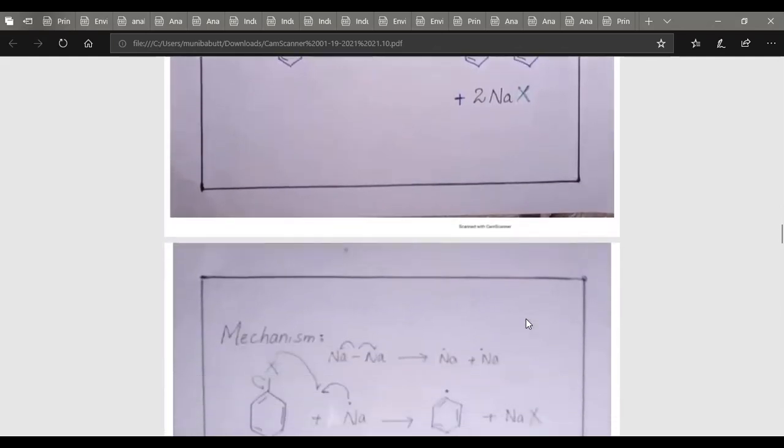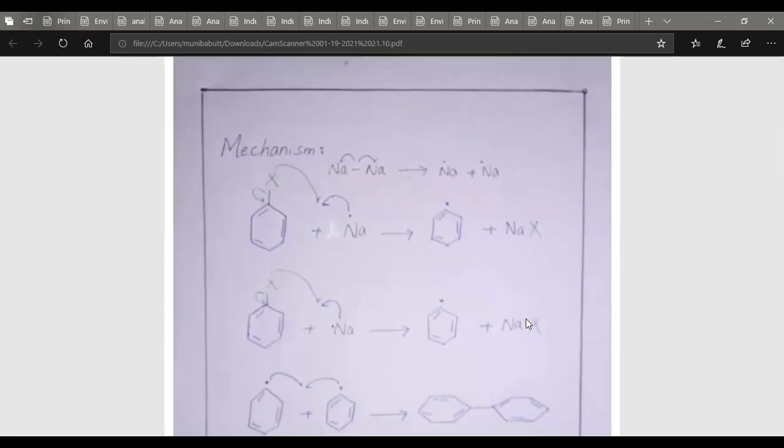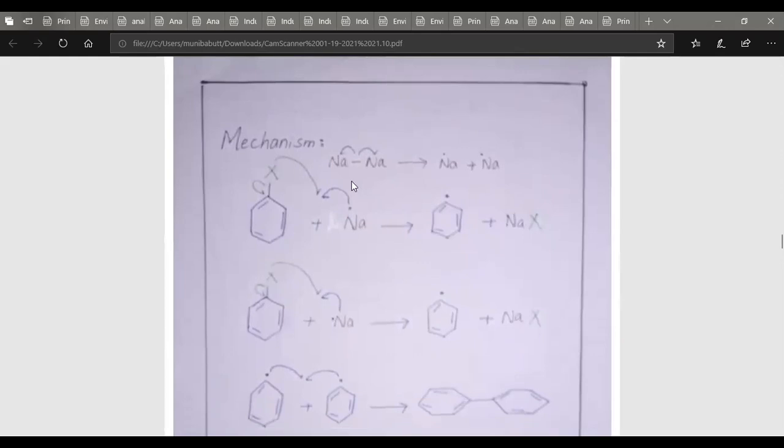Now I tell you about its mechanism. In this way, you can easily understand how this reaction takes place. This reaction is also a form of radical formation. We take an aryl halide, so homolytic splitting takes place. The radical of the halide attracts the radical of sodium.